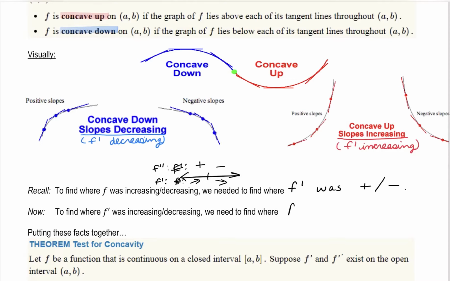So we just want to extend that logic. Now we want to figure out where the second derivative is positive or negative, because that is going to tell us where f prime is increasing and decreasing.